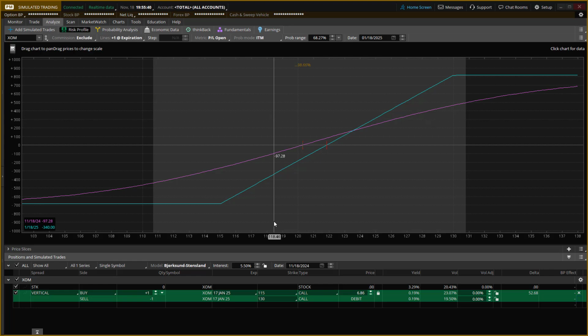All right, I don't plan to hold this all the way through to expiration. At expiration, if the stock is still right there at 118.50 and I haven't closed this down, my max risk is 340. I don't want that trade. Obviously, if it hasn't moved in 60 days, even long before that, I'm going to be closing that trade down, right?